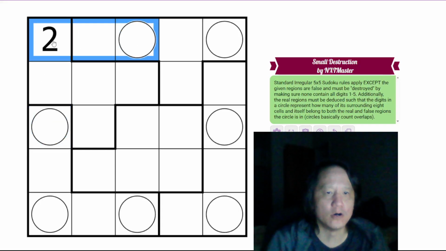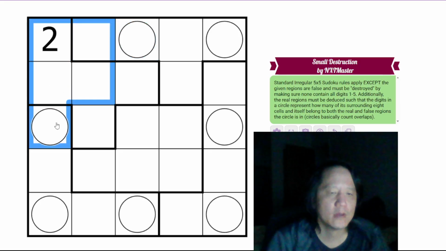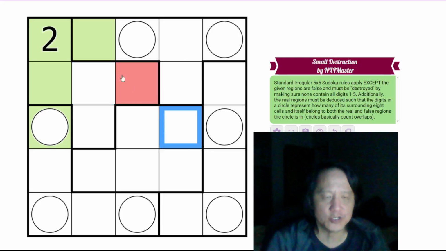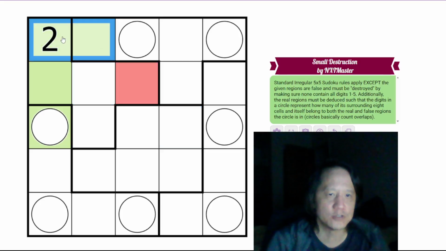And the irregular region has to be connected. They have to be orthogonally connected, assuming this is standard in regular Sudoku. So this would be a valid region here. And this would not be a valid region because to get from this cell to any other cell in the region, you cannot go through edges all while staying within the region. That's what it means to be an orthogonally connected region.